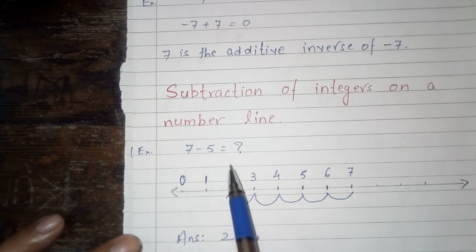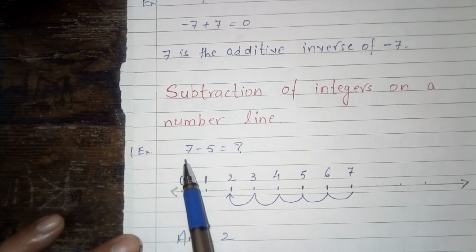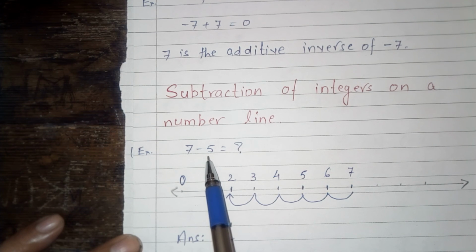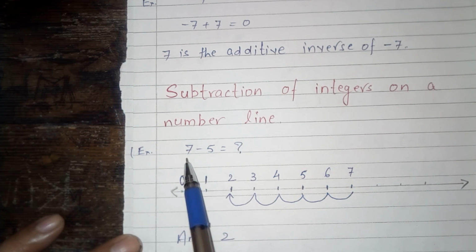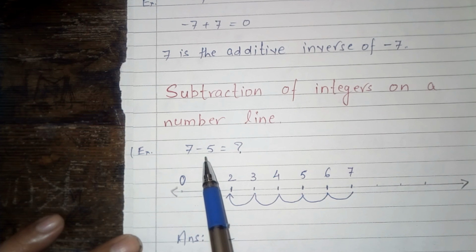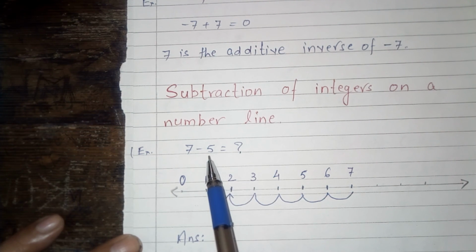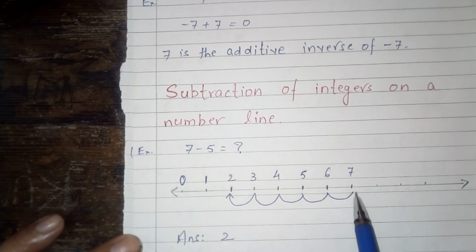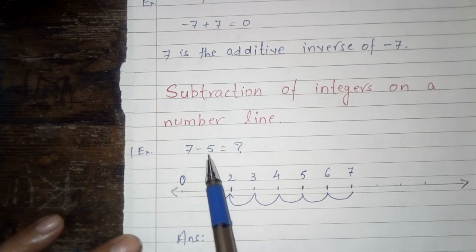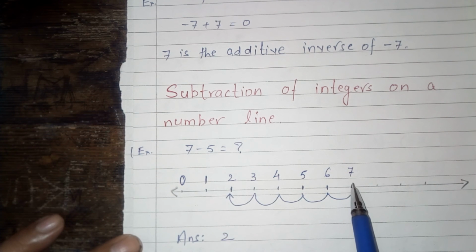Then from 7 we will subtract 5. So what will you do? We will move 5 steps to the left side of 7.